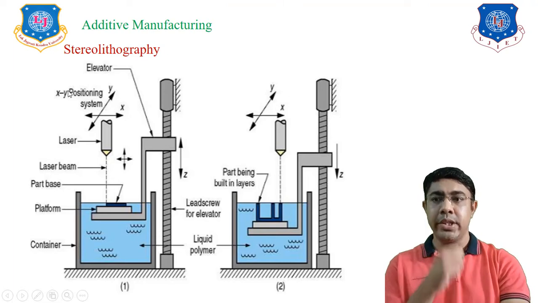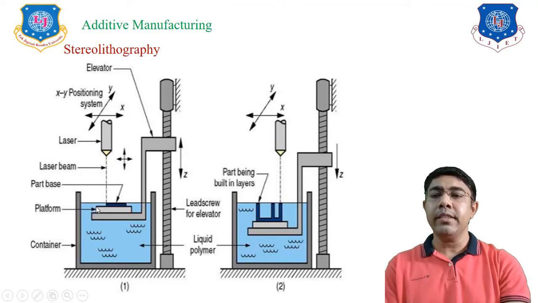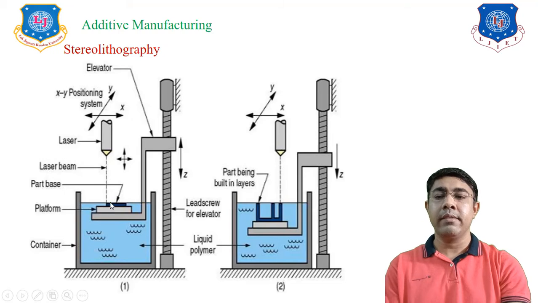The first layer on the platform is made by lowering the platform by the first layer's thickness, using the lead screw mechanism.